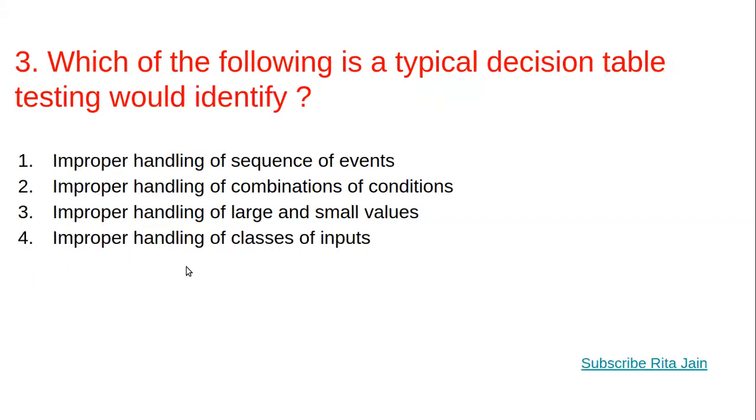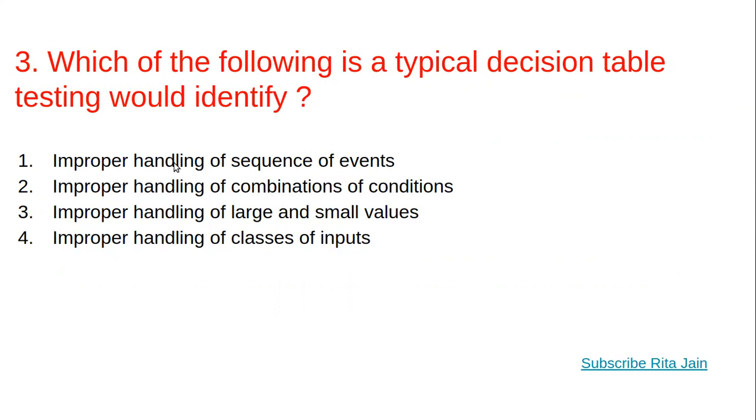Question number 3. Which of the following is a typical defect decision table testing would identify? Choices: improper handling of sequence of events, improper handling of combination of conditions, improper handling of large and small values, improper handling of classes of input. So 3 and 4 could not be the answer, as large and small values are handled by boundary value technique and classes of input are handled by ECP technique.